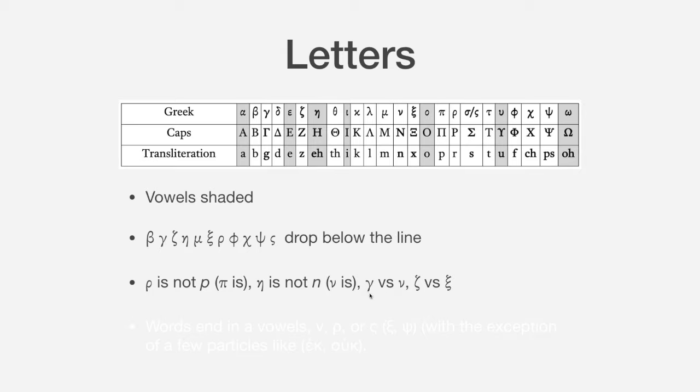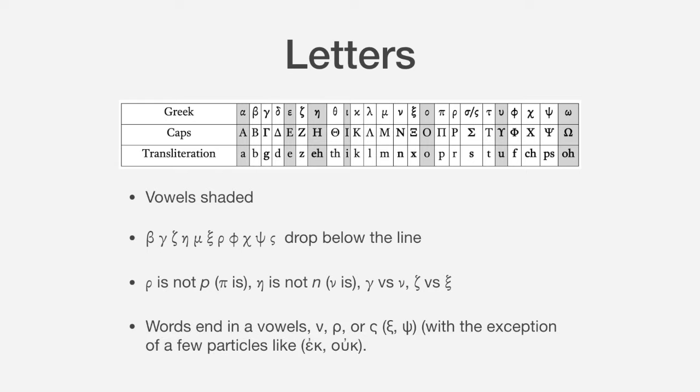Gamma has a tail, though, that drops below the line. That's how you tell them apart. Other than that, they look pretty similar, but gamma, of course, sounds like a G, nu sounds like an N. Finally, zeta and xi. These two letters are really weird looking to English speakers. The way you tell them apart is that the zeta has one loop and the xi has two loops.